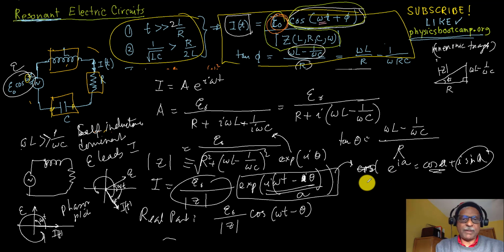So theta should be negative. Yeah, so this thing is correct. If omega L is greater, theta is behind. Yeah, theta is behind. Okay, you should check this.